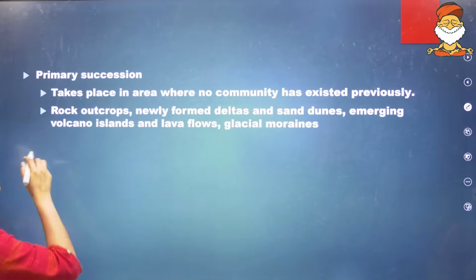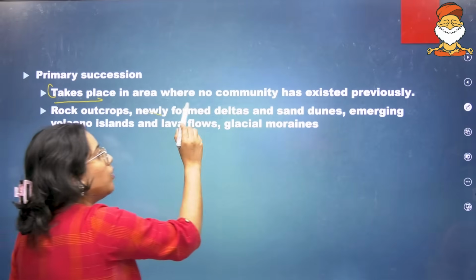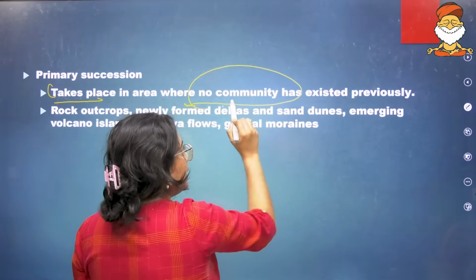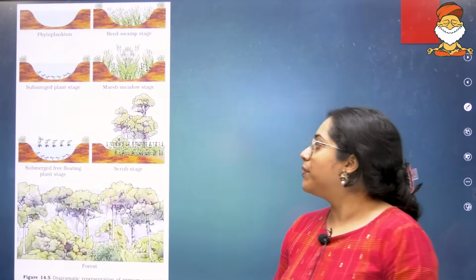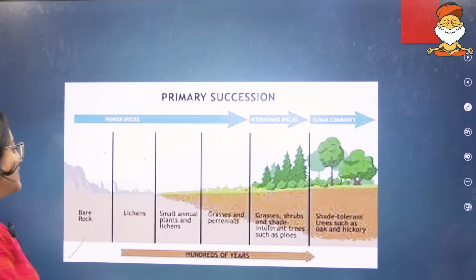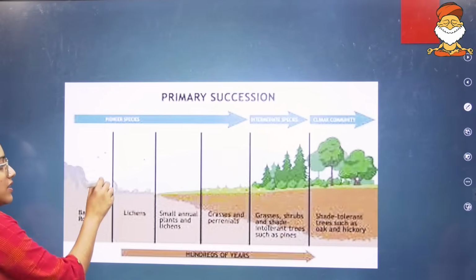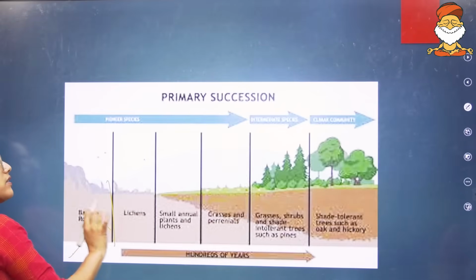Primary succession is where the succession takes place in an area where no community has existed previously. Community means a group of different organisms. So primary succession happens in an area where no community existed previously.